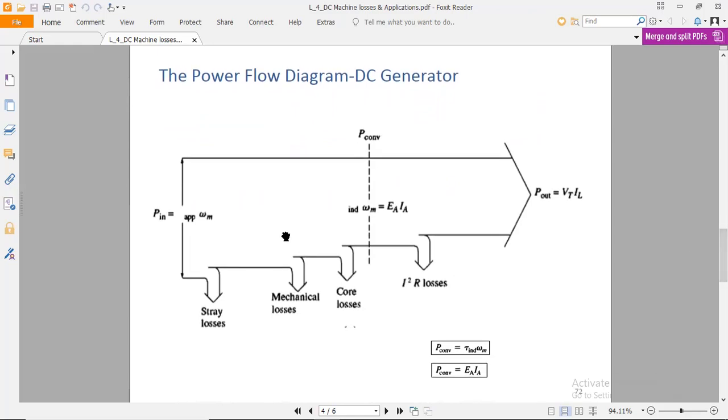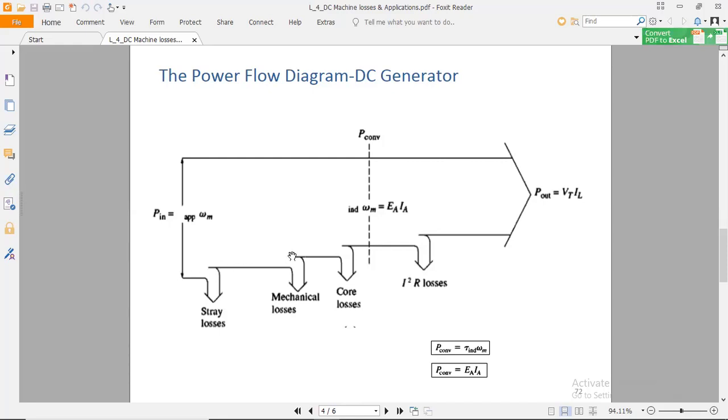And in this lecture we introduce the losses of DC generators. Now, coming towards the overall losses, the incoming power is applied with omega, the speed, including stray losses, mechanical losses, core losses, iron losses, and I square R losses.